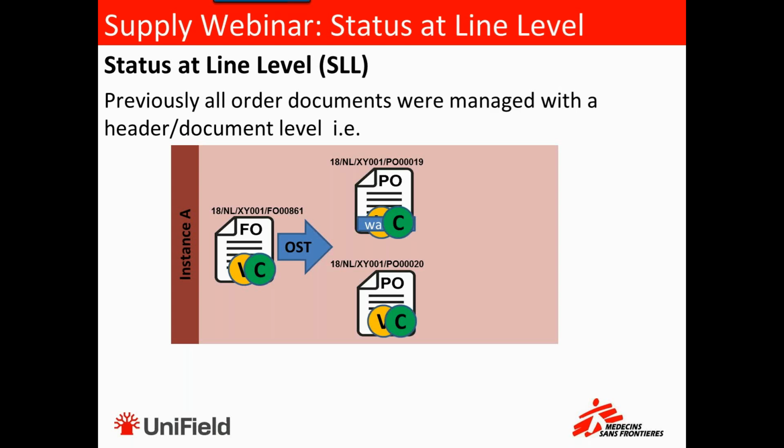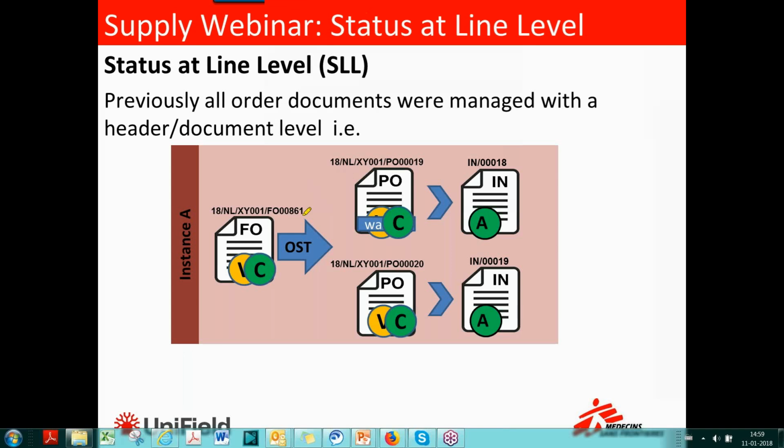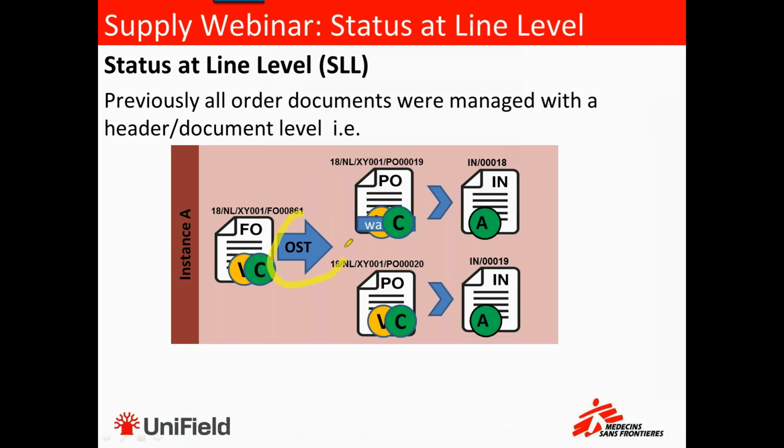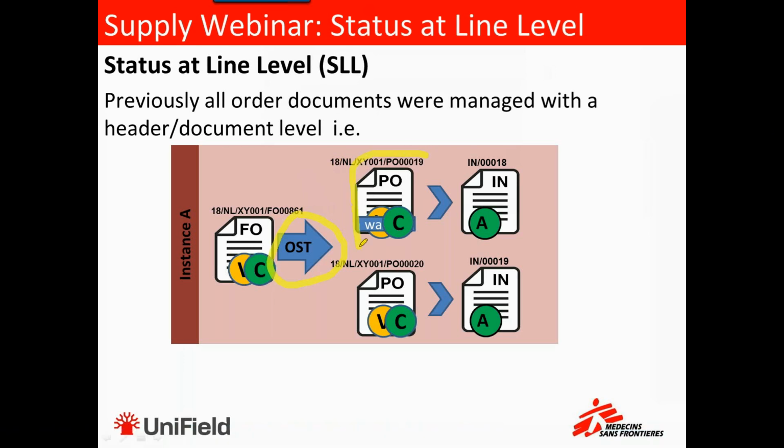And of course, after confirmation of a purchase order, what is created? We have a commitment voucher, we have incoming shipments that are generated. So this is how the mechanism of UniField was. No partial confirmation in the order sourcing area. So here you could not partially confirm, and nor could you partially confirm your purchase orders.